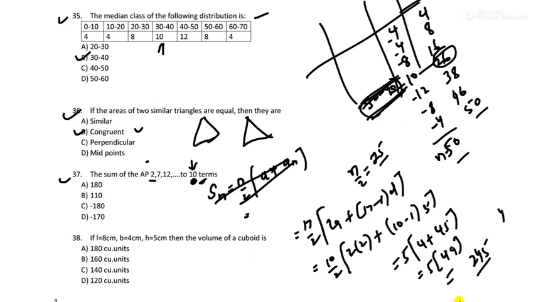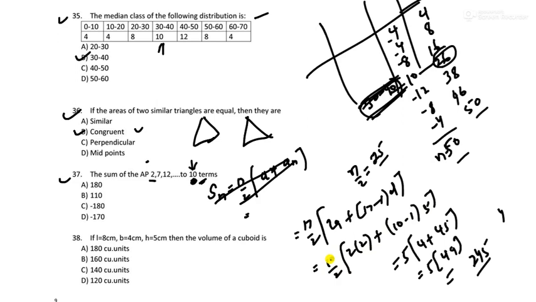So this is 5 into 49, which is 245. But they have not given it in the options. The sum of the AP up to 10 terms: n by 2, 10 by 2, into 2a plus n minus 1, that is 10 minus 1 into d. d is 5.